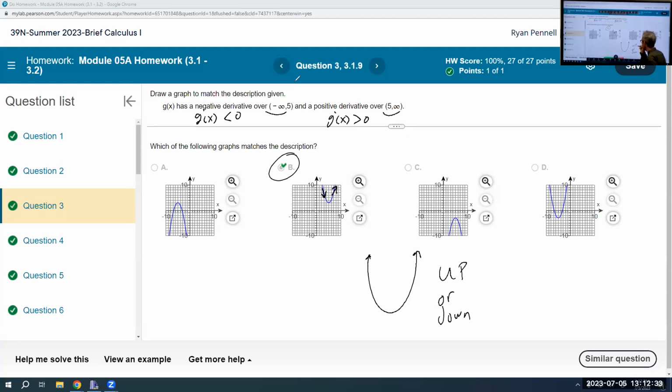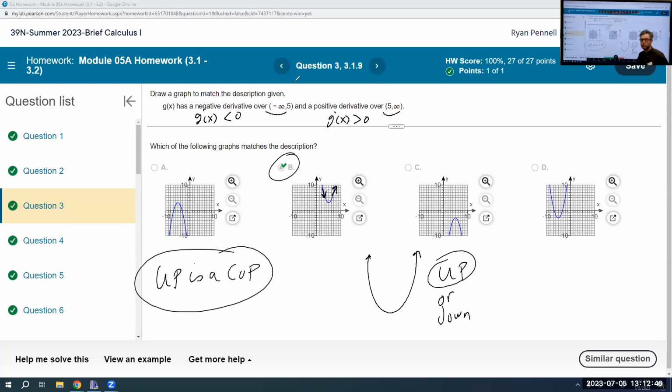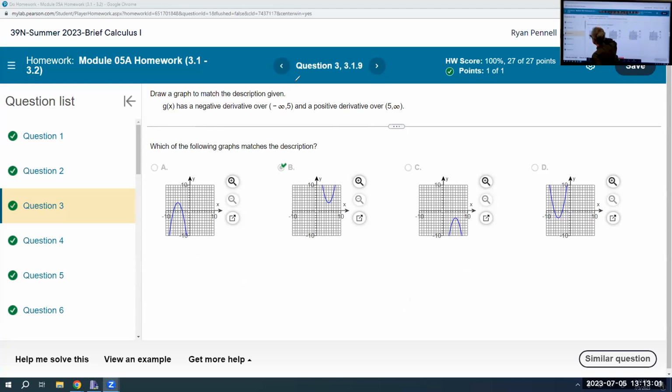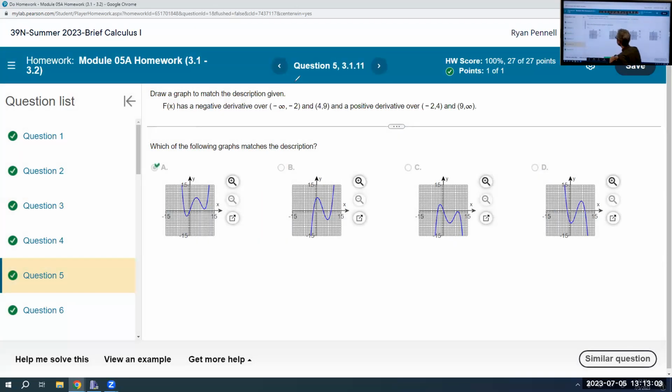Okay, we're gonna go over that, but this is up. So this parabola is up, and the way I'll remember that, up is a cup. Down is a frown. Up is a cup, down is a frown. That'll be important to us when we have to decide that, which we do in the homework. I teach it in pre-calculus, but it's possible it kind of came and went when you took it.